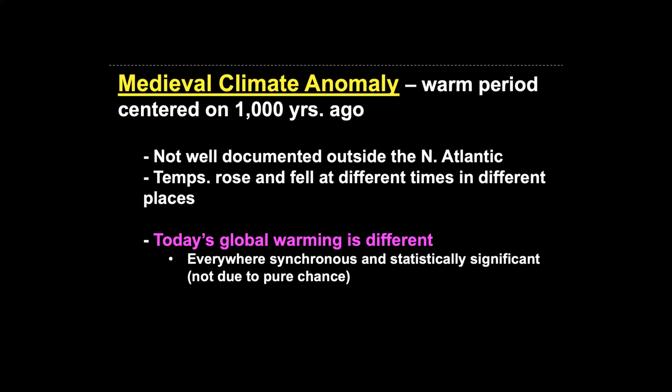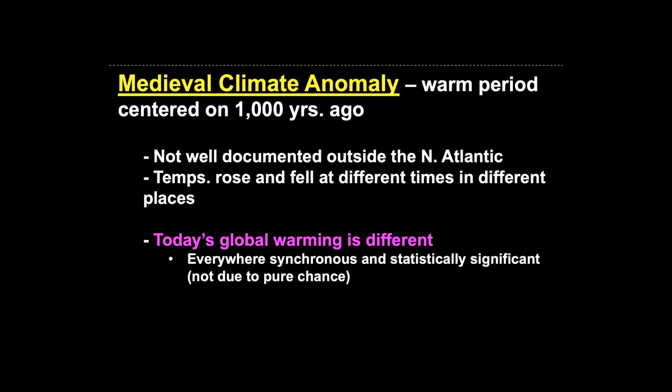Okay, so now the medieval climate anomaly happened about 1,000 years ago. This is roughly when Scandinavians, the Vikings, settled what we called Iceland and Greenland. Okay, because it was much warmer then.